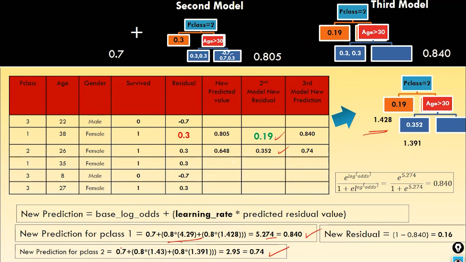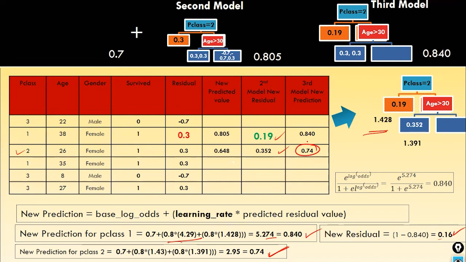And the new prediction for passenger class 2 here, we can see an improvement, 0.74. So this is the new prediction. With this new prediction value, 1 minus 0.840 gives us 0.16. So now the residual got reduced further.